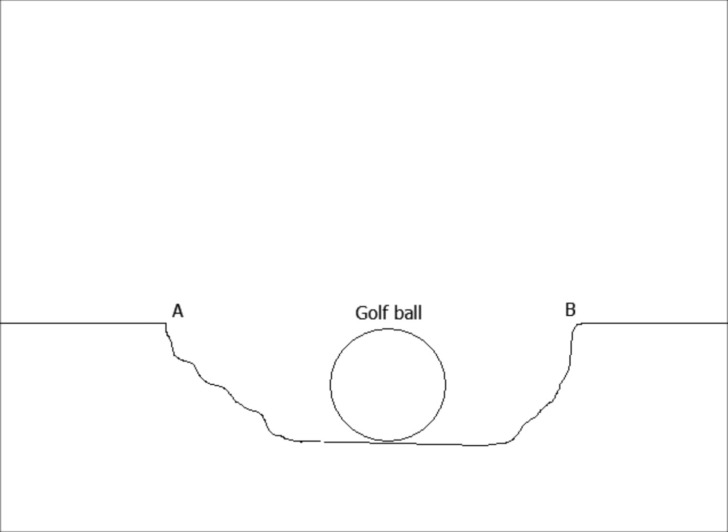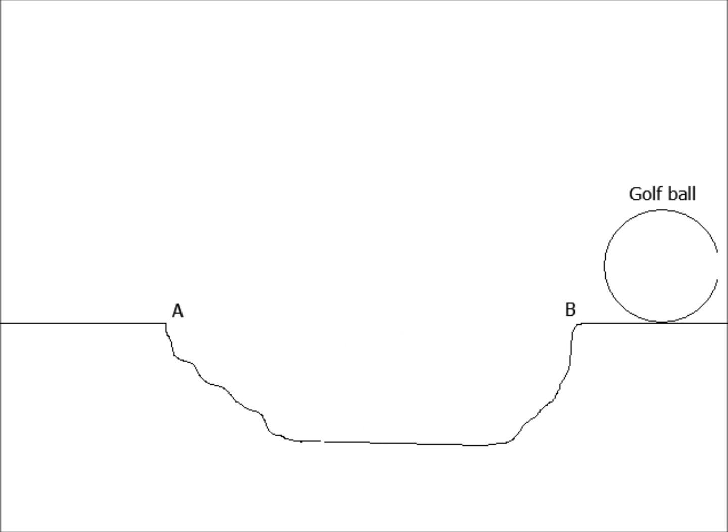Now, once it goes up the curvature and the level is the same as the previous straight ground, you notice the speed of the golf ball will be the same as it was when it first began. This exactly visualizes how the space-time blanket works, and light as well.